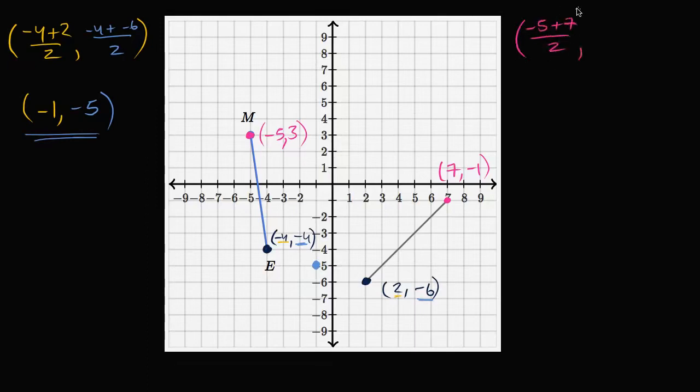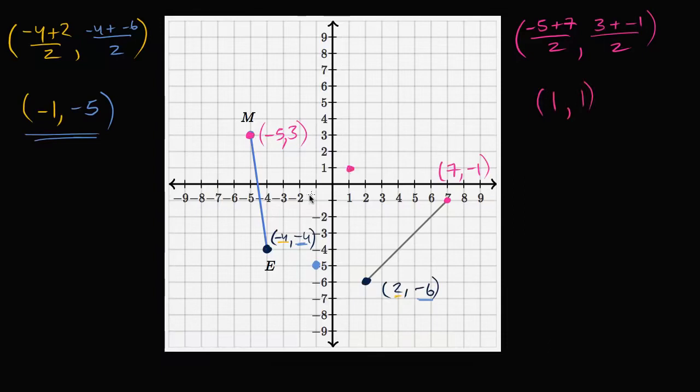And the y coordinate of the midpoint is going to be the average of the y coordinates. So 3 plus -1 over 2. Let's see, -5 plus 7 is +2 over 2 is 1. 3 plus -1, that's +2 over 2 is 1. So the point 1, comma 1 is the midpoint between these two.